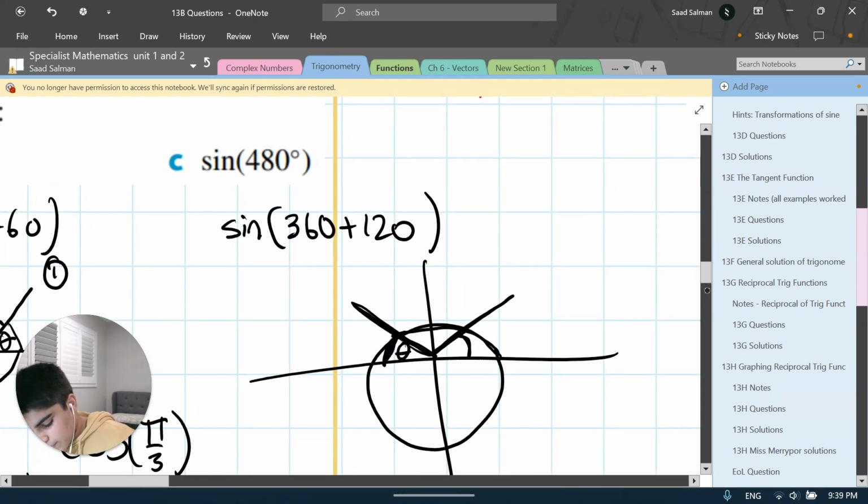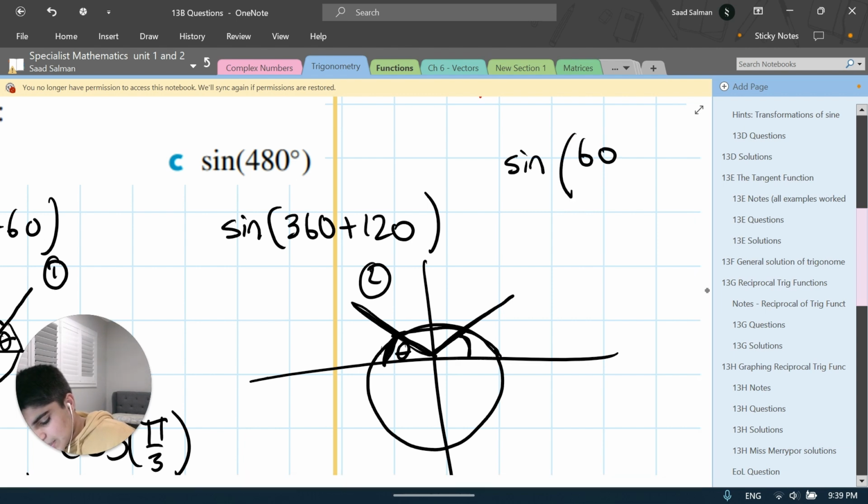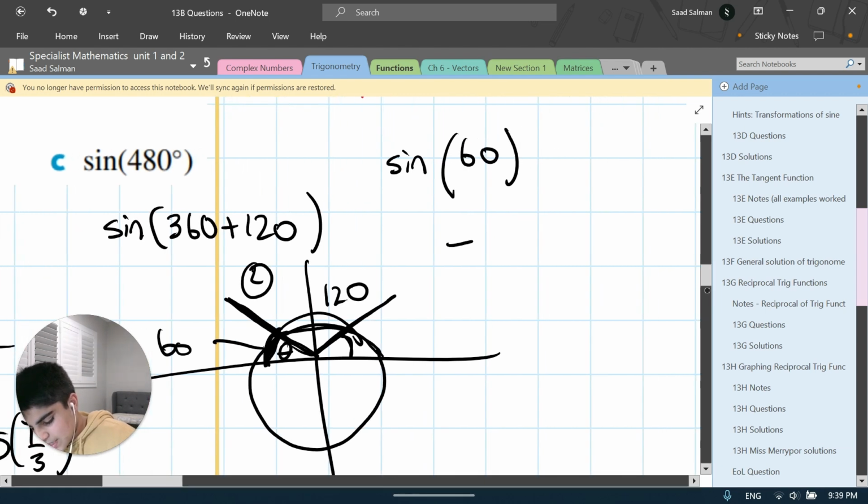Sine is positive in the second quadrant, so the exact value is equivalent to sine 60, because this reference angle here is 60. So sine 60 equals root 3 on 2.